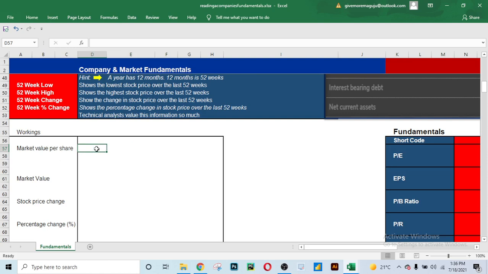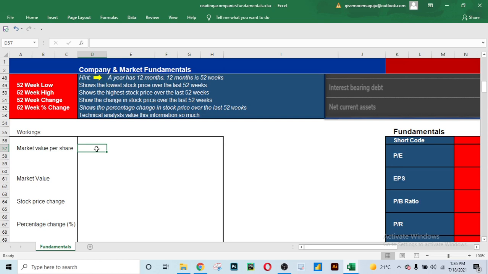So let's calculate the market value per share. Remember, I told you in the previous tutorial that the market value per share is the same as the closing share price or closing price. I even mentioned that all these figures are denominated in the Zimbabwean dollar, so we need to understand that from the onset so that we don't confuse ourselves.